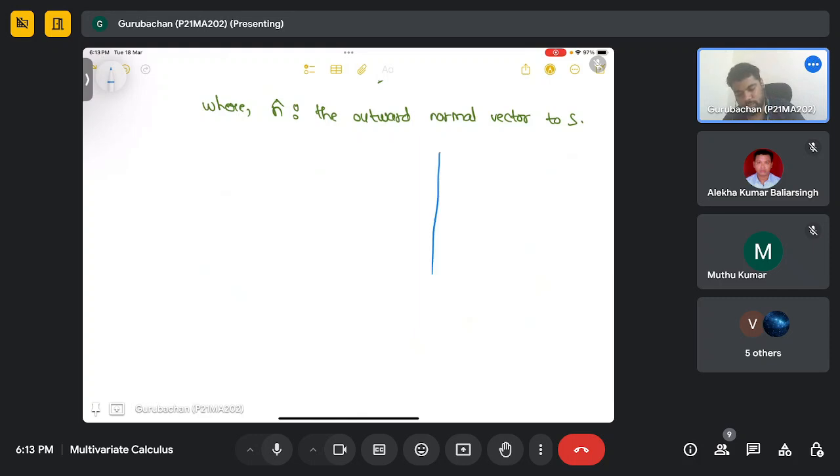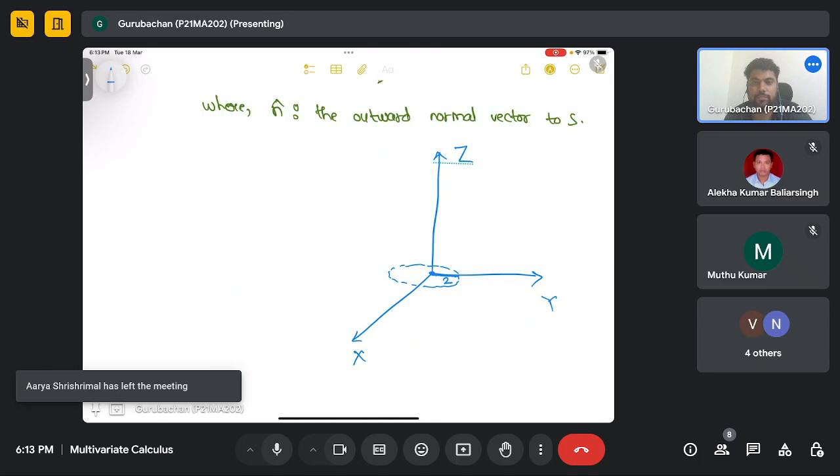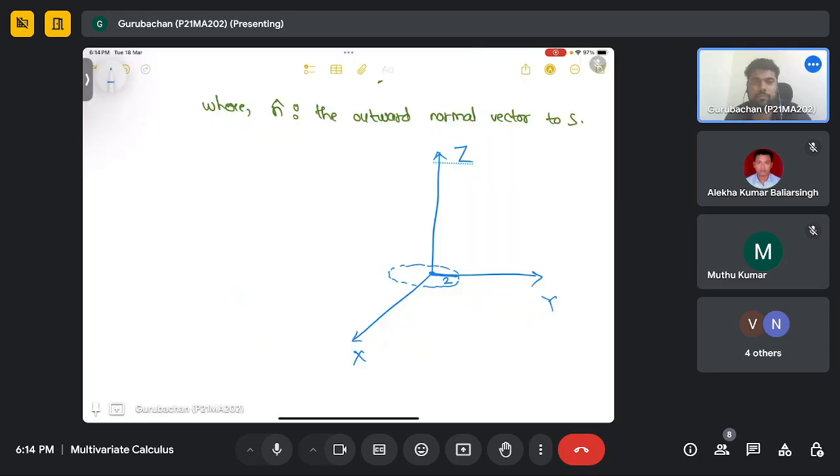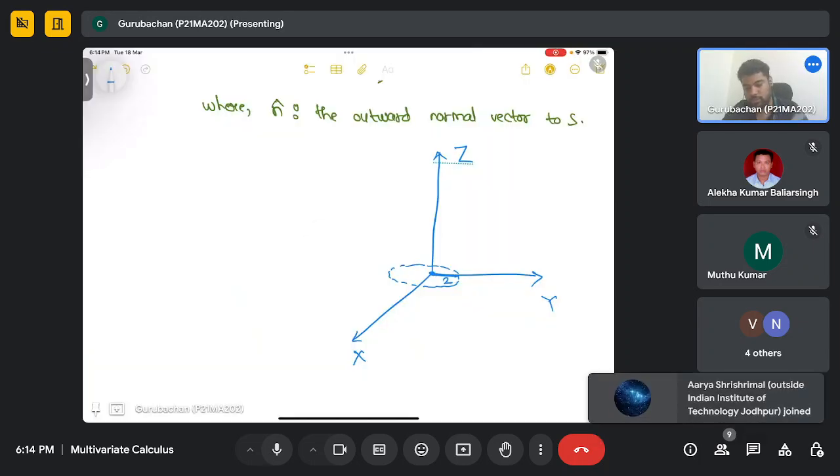So roughly I'm just drawing an image of the cylinder in x, y, z, with radius 2. Just a second please. So we have given the surface.